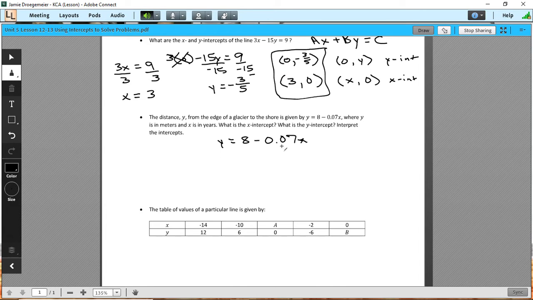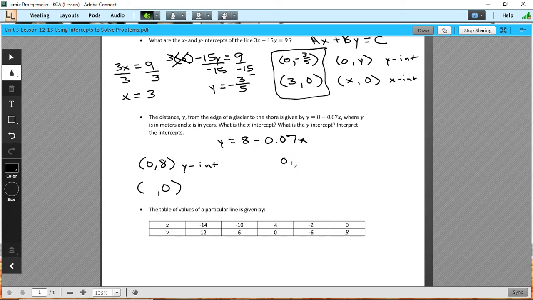The y-intercept's pretty straightforward in this one. In slope-intercept form, we have our slope being multiplied by the x. The number that's added or subtracted, which is 8 in this case, is our y-intercept. Now for our x-intercept, remember the x-intercept is the value of x when y is 0.